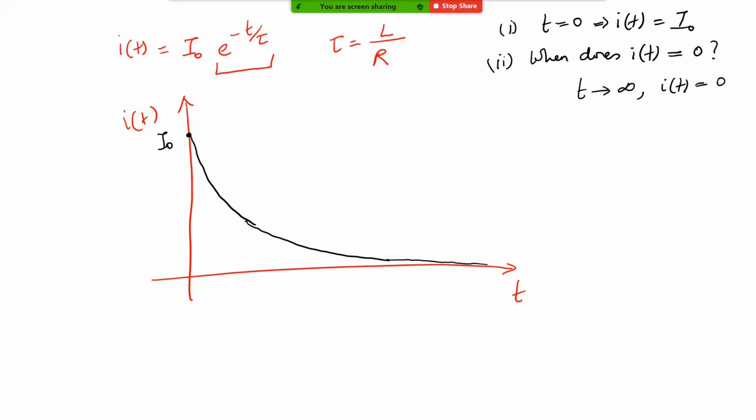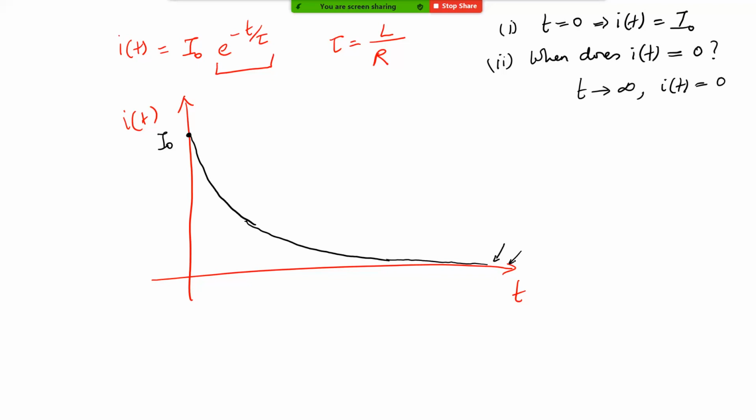But as you can see here, the current keeps dropping down to smaller and smaller values as time goes on. But absolute 0 will happen at t equal to infinity, which is, for all practical purposes, non-existent. Now you might have started off with some amperes of current. It might come down to nanoamps, picoamps, femtoamps, attoamps, and even further down.